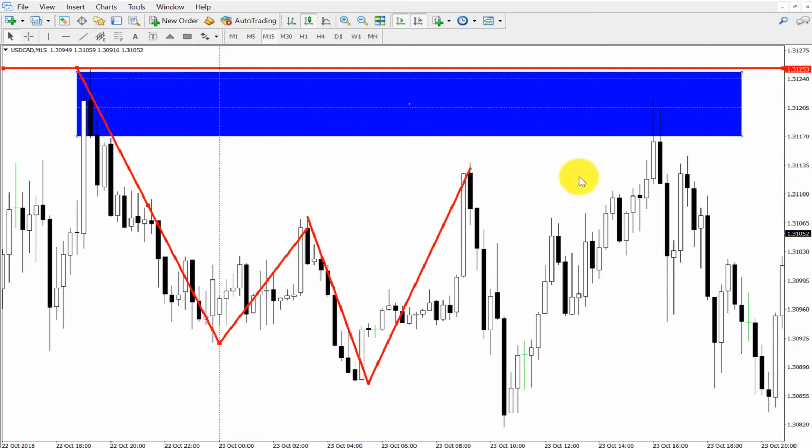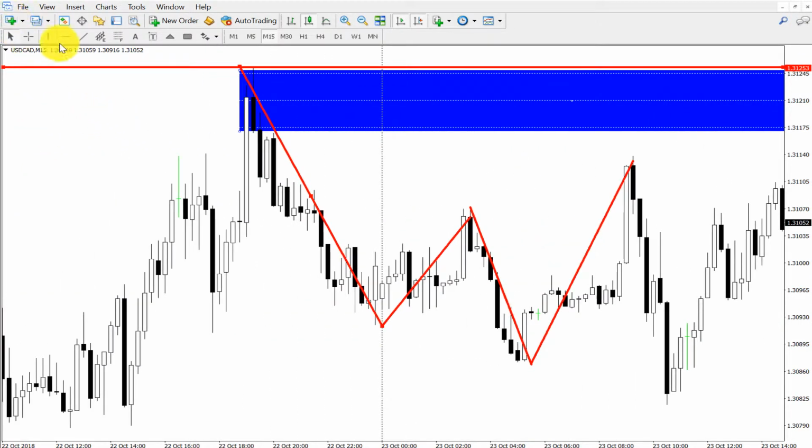If you watch very closely, you can see that price went from this point to this point, but did not touch this point. We will watch this area very closely.